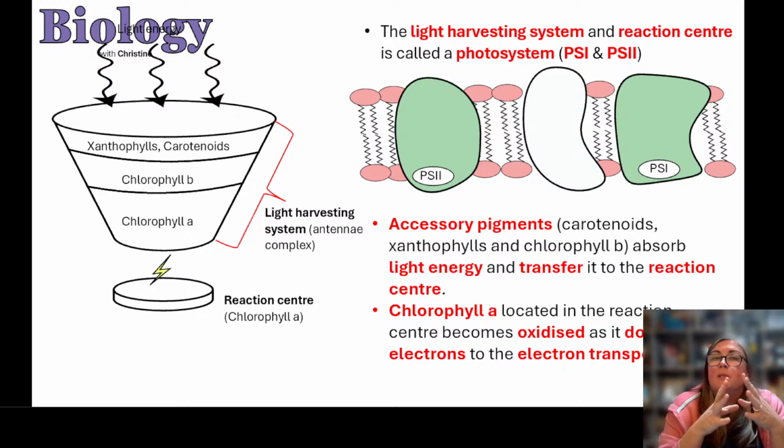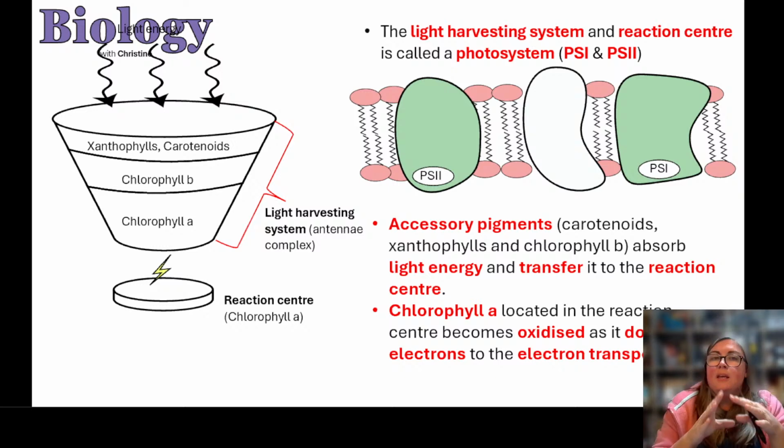When they're absorbing the light energy, they transfer it to the reaction center. So when we talk about the photosystem, we're talking about both the light harvesting system, all the pigments, along with the reaction center.